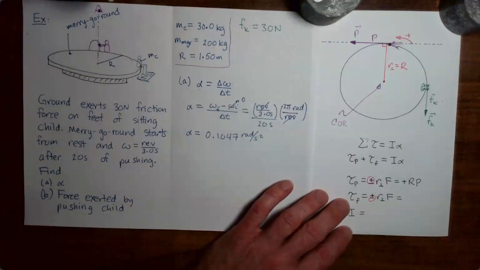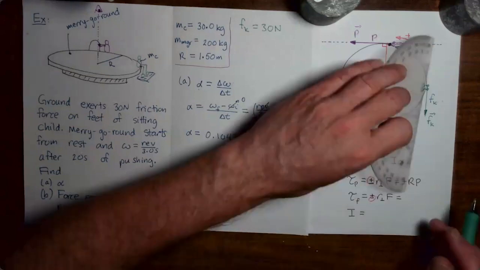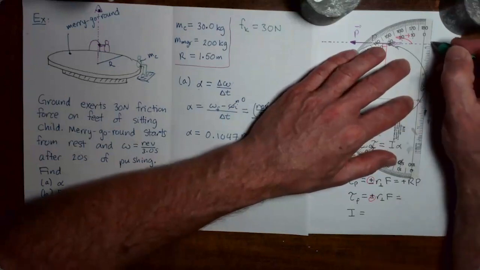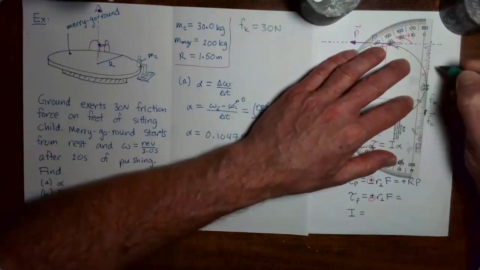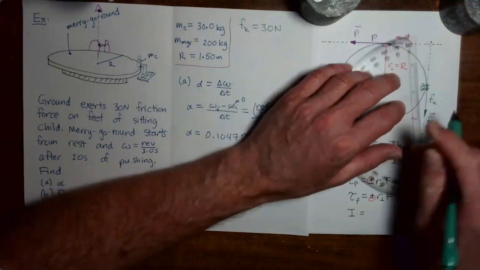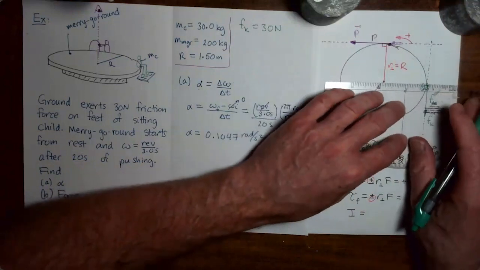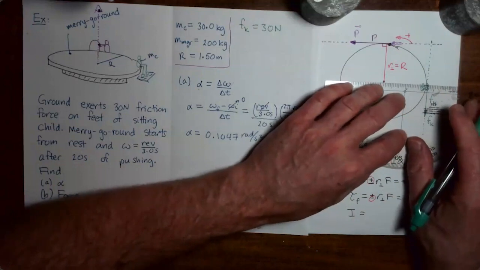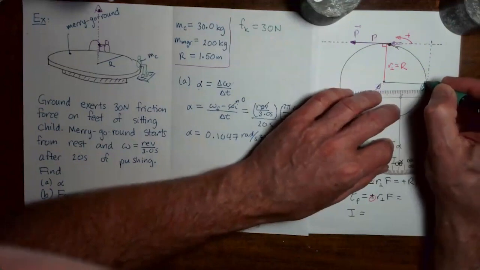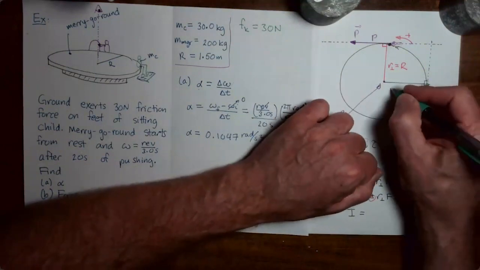Now, what's the moment arm for the frictional force? Well, as before, we will draw an infinite line through the force vector. The moment arm is then the perpendicular distance from the center of rotation to the line of force. So this would be our moment arm for the frictional force.